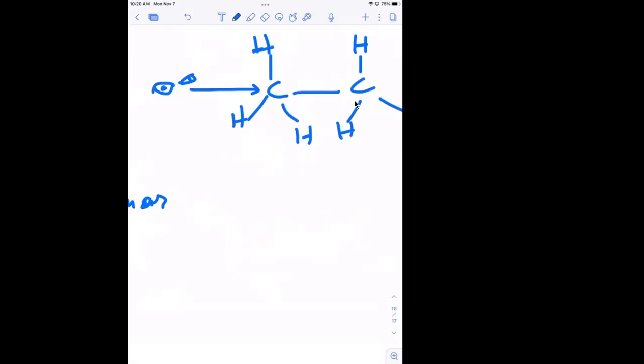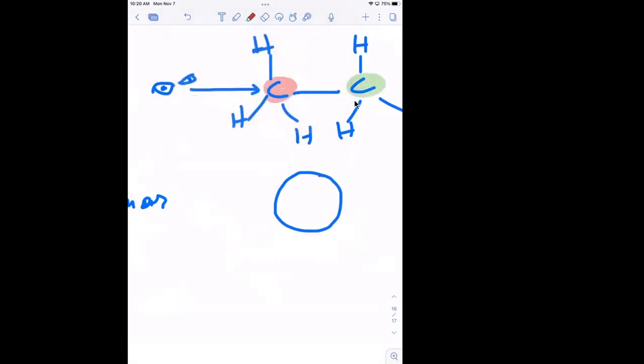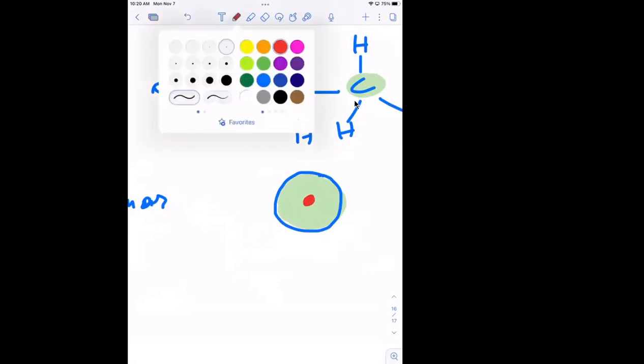If I do that, I should have brought my models to class, but the back carbon, we're going to call this back. The back carbon is the big circle, and then the front carbon, I'm just going to represent as a dot.